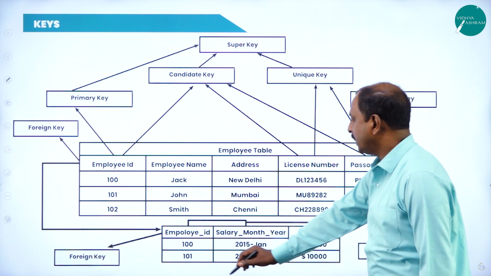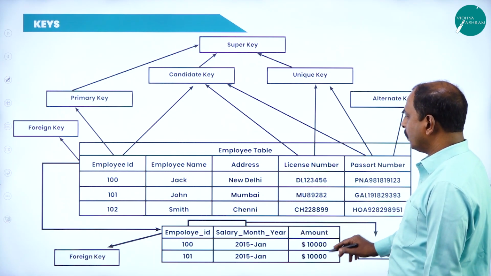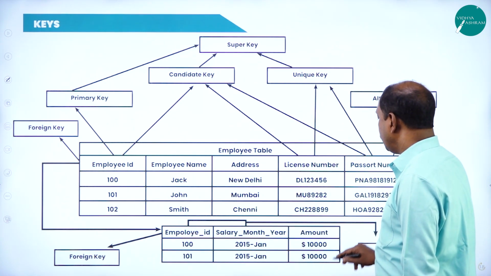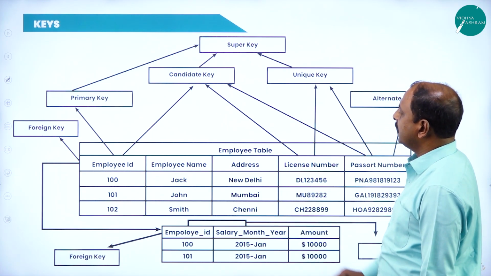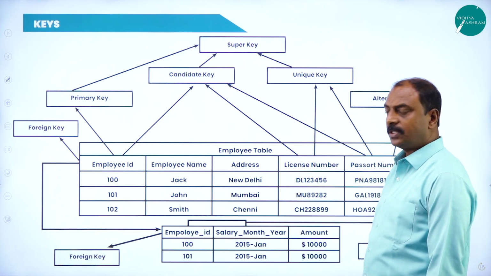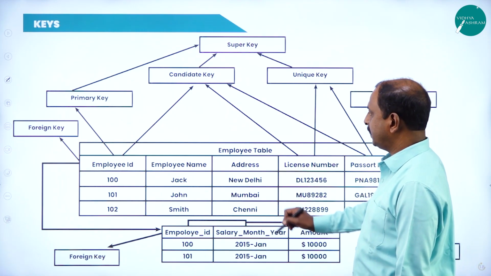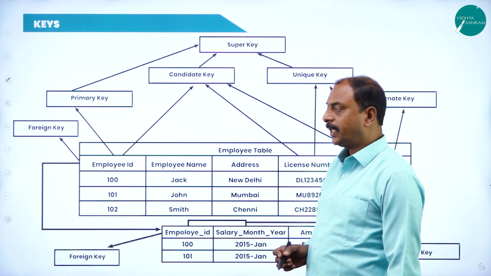And this is another table: employee ID, employee salary month, and amount. This is another table with three columns or three attributes. And these two tables will have different numbers of records.